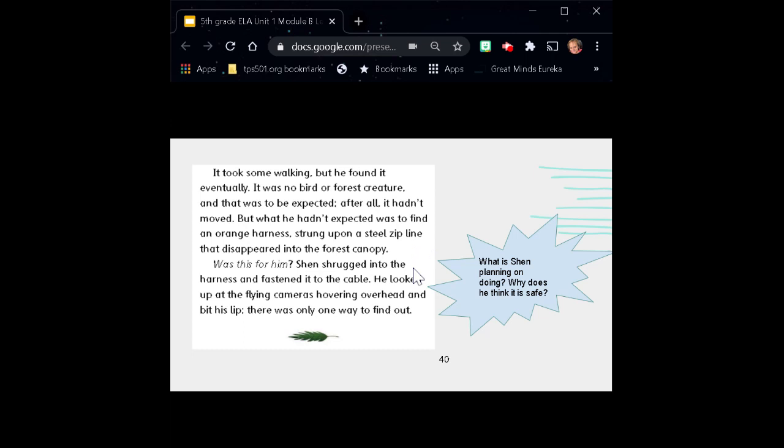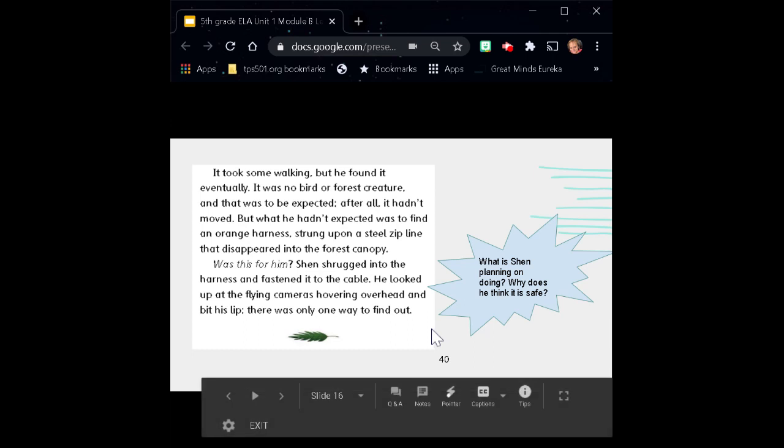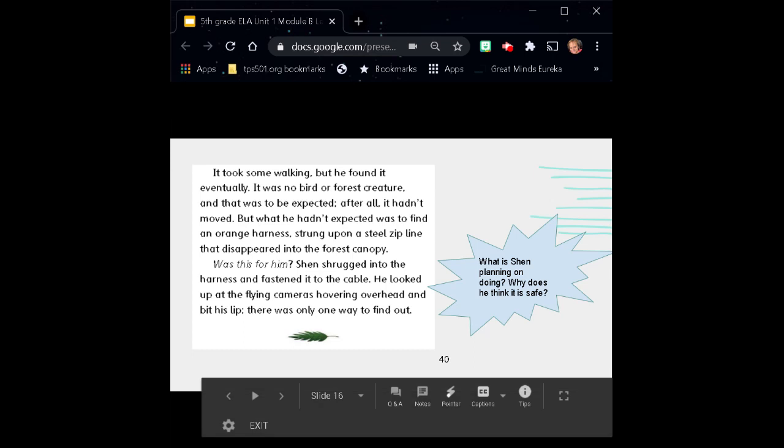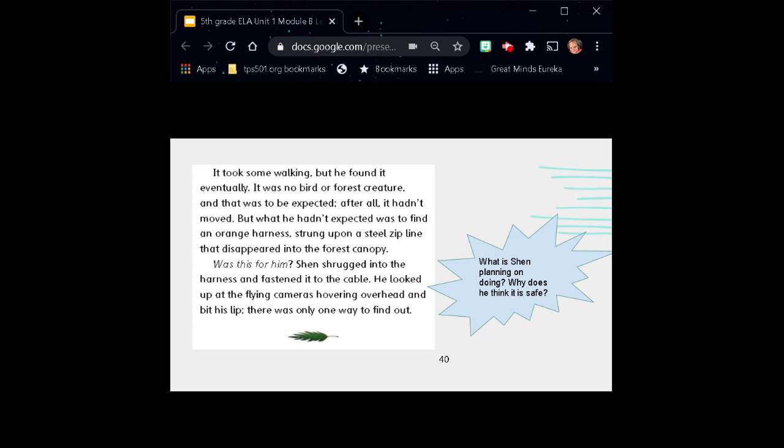Was that for him? Shen shrugged into the harness and fastened it to the cable. He looked up at the flying cameras hovering overhead and bit his lip. There was only one way to find out.